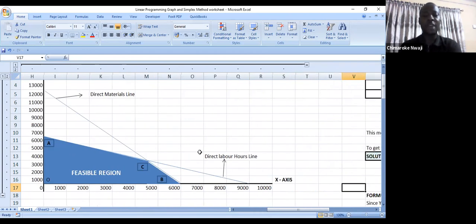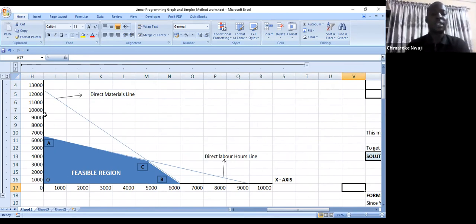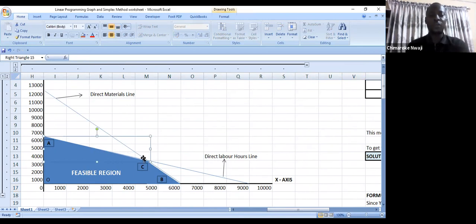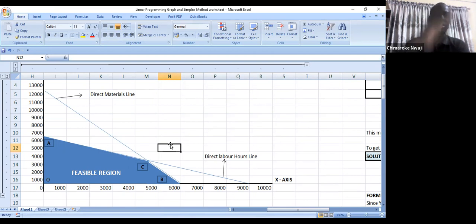Now, after identifying, you draw your lines. When you draw your lines, anything underneath the line is your feasible region. So you see that among these lines here, this one is the one that goes further under, nearest to the origin.